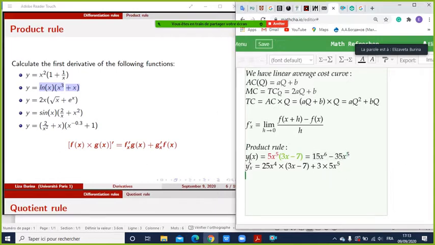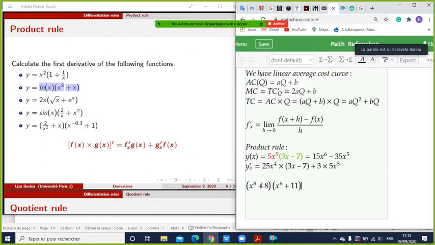So let's take another not difficult example. Here, x to the power of 8 plus 8 times x to the power of 6 plus 11.